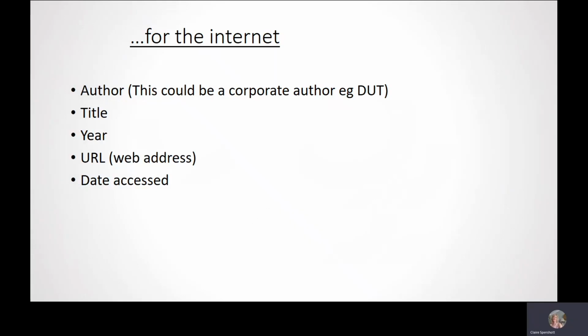Likewise, for the internet, author, title, year, remember the URL, the web address, and if it's a really long address, well, any address, make sure you copy and paste it in so that you get the correct address in case your reader wants to follow up, or in case you want to go back to that page a bit later. Very easy to find if you've just copied the URL down somewhere. And then, of course, you're going to put the access date in, the day you accessed the information, in case it has changed by the time you're finished with your research.